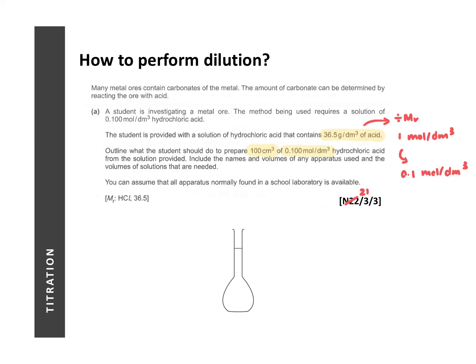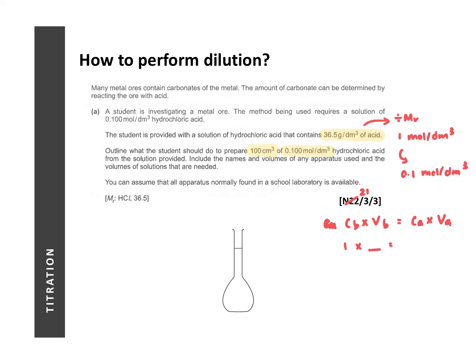So what is left to do is to find out how much of the initial solution to use, and for that we make use of the equation that we have learned in dilution. If you can recall, the concentration before dilution multiplied by the volume before dilution is equal to the concentration after times volume after. So the concentration before dilution is 1 mole per dm cube. The volume is what we need to find.